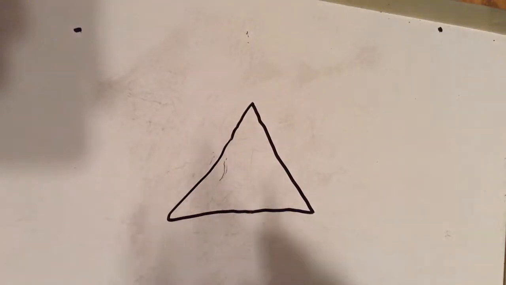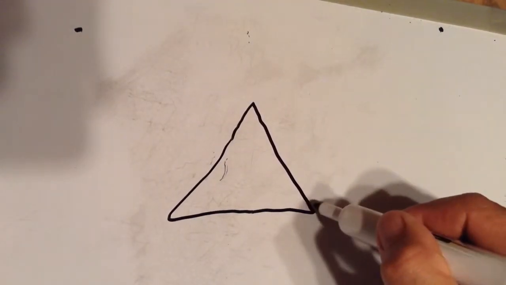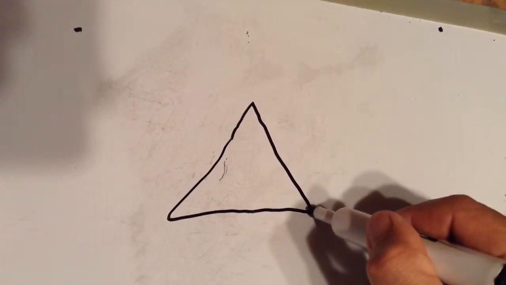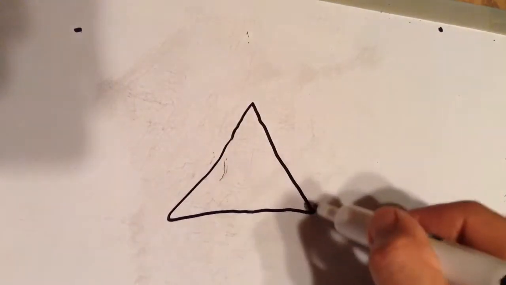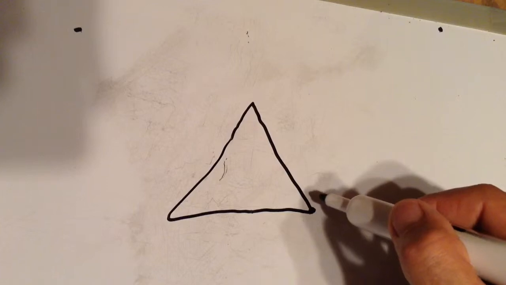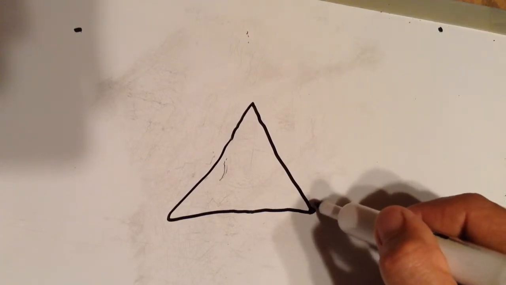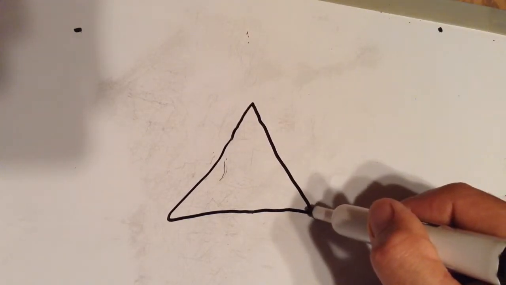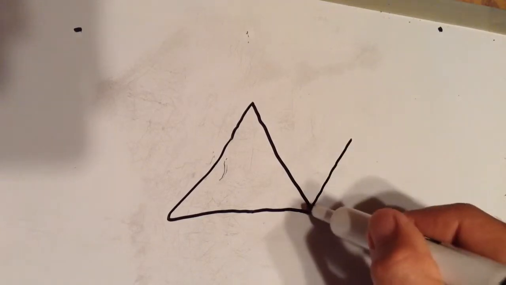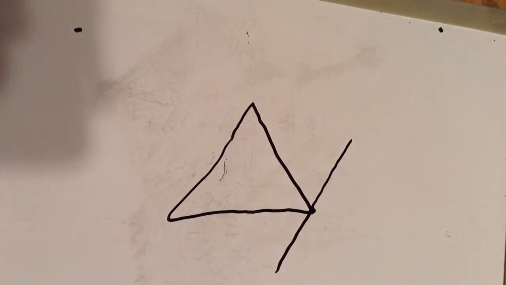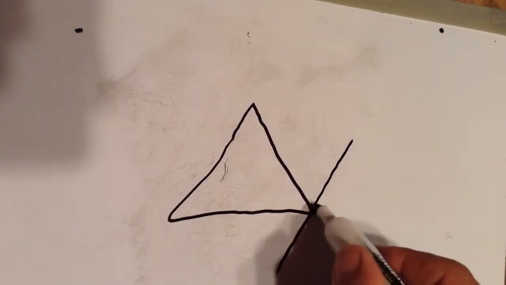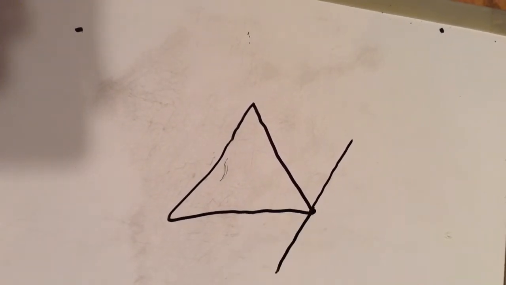Let's say we draw a line through one of the vertices. In other words, a vertex plus a vertex plus a vertex equals three vertices. That's the plural of vertex. We've drawn a line through one of the vertices.